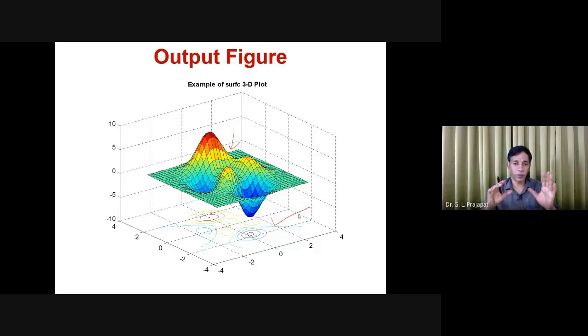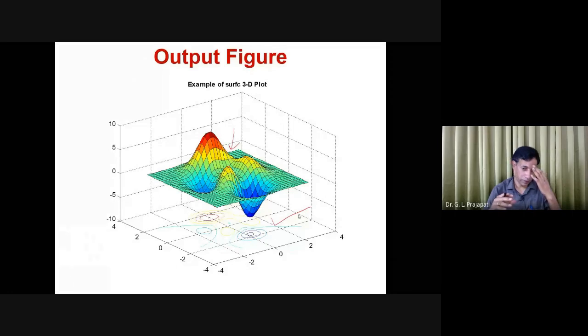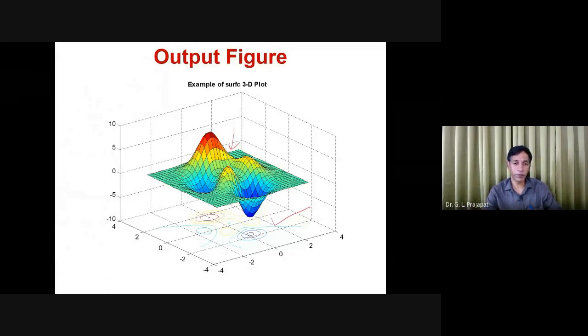In this graph, both are combined, surf as well as contour. Below is the height, and beneath it the contour plot. Automatically it is going to adjust. Here you have the minimum value, here you have the maximum value, and accordingly you have the color specifications. Corresponding to this, you will have the color.